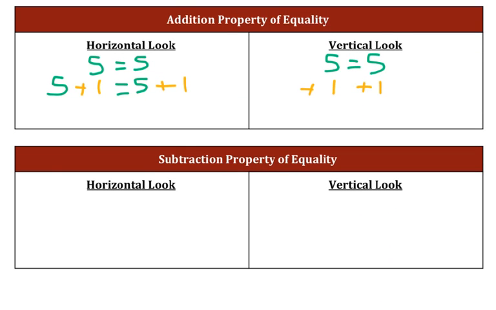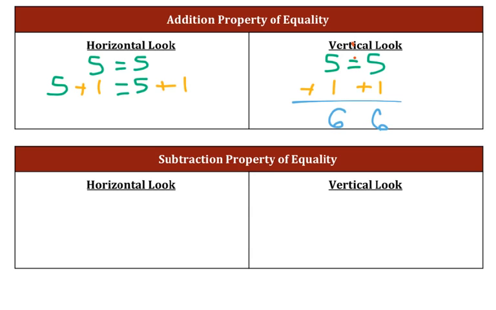So after we've added 1 in this step, I'm drawing a line here, just like old addition problems, so that when I look at this left portion of my equation, 5 plus 1 does give me 6. And when I look at the right side of my equation, 5 plus 1 gives me 6. And then between them, I can now bring my equal sign down.